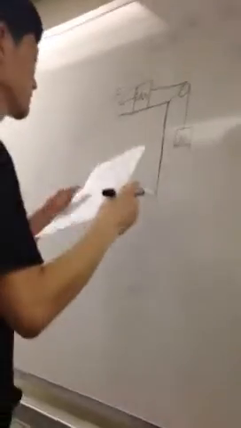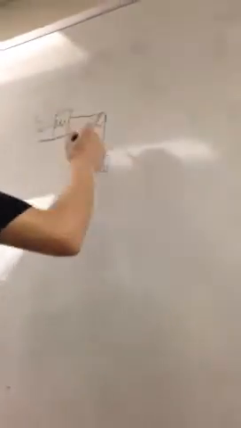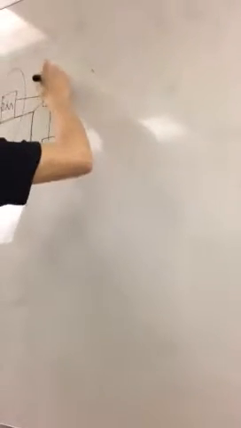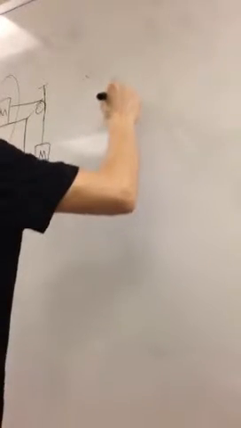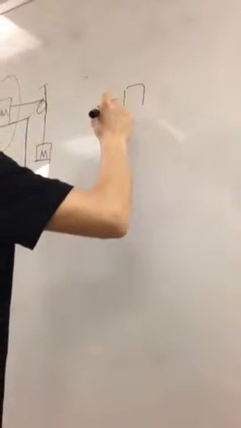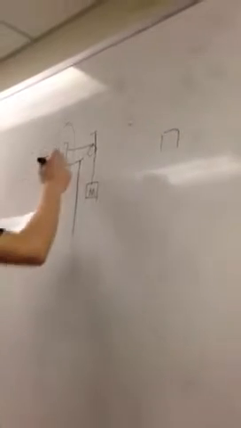So in this case, we first look at this object. Okay, 2m. And on the string, suppose there is a tension T. The question is asking what's the tension in the string connecting this.